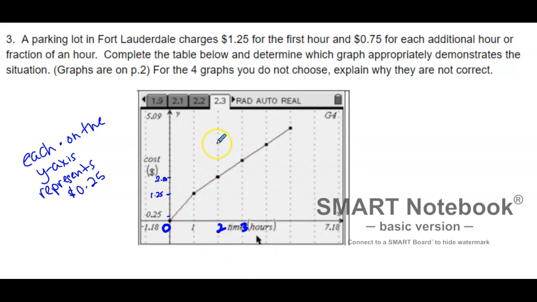Okay, so once we got the scale figured out and you understand how the scale's working, we would look to see if this was an appropriate graph. And one of the things you got to look at is when you're talking about the cost. Once you make your table, you'll be able to look at your table, but the cost is not going to change.